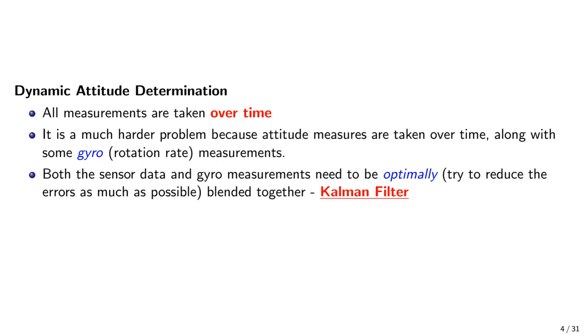That is, you want to reduce the error as much as possible. Of course, you also want to limit the error in static attitude determination, but the problem is not as complex as that of dynamic. In the case of dynamic, you want to use things like a Kalman filter to perform this optimization. All right. But we're not going to go into dynamic attitude determination.